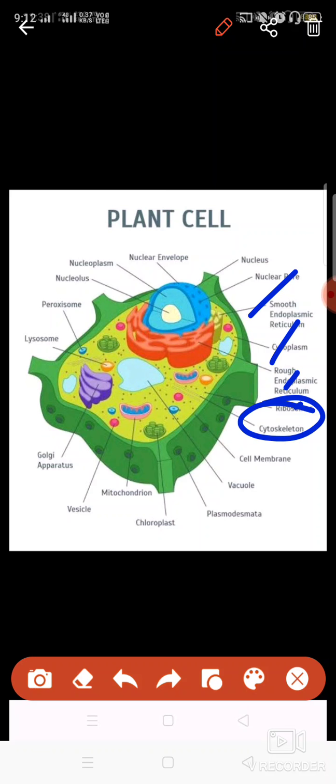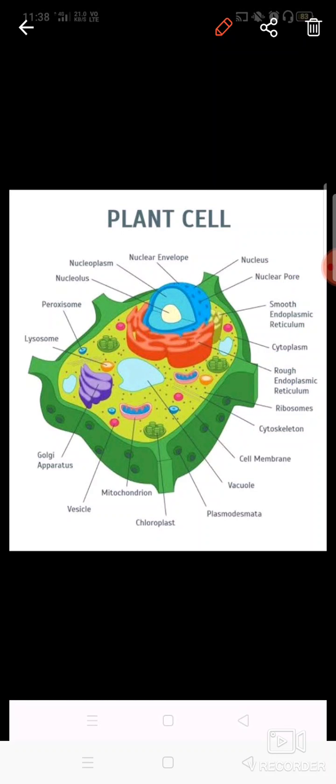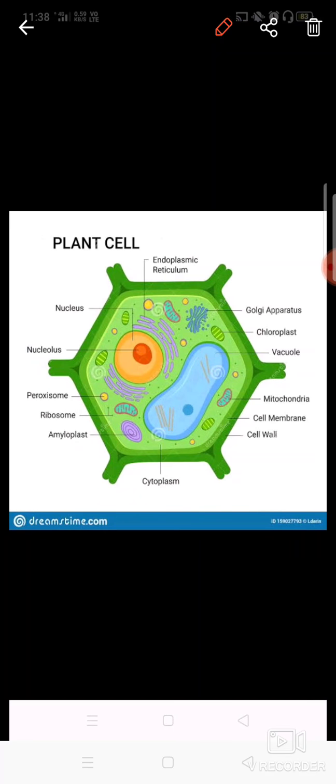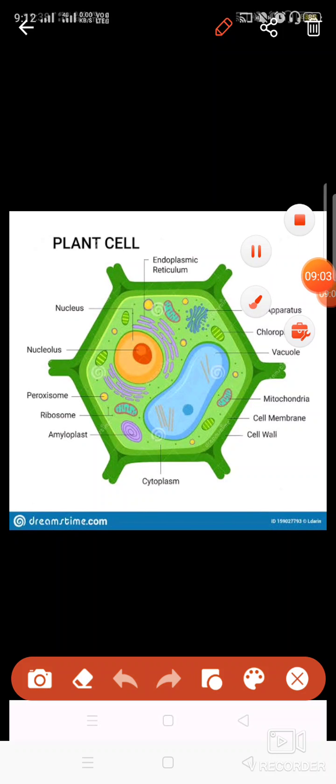digestion of substances, peroxisome, conversion of hydrogen peroxide to less harmful forms. So this is the general structure of a plant cell, which I think is clear now. Now this structure I took just for your homework purposes.